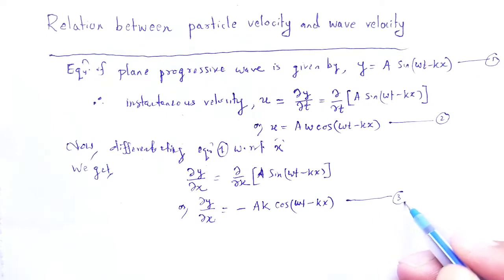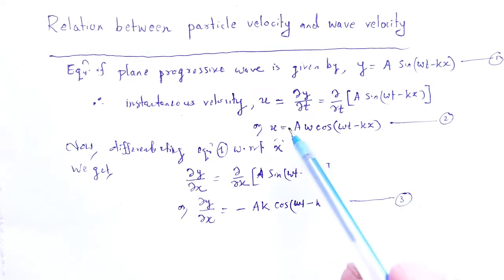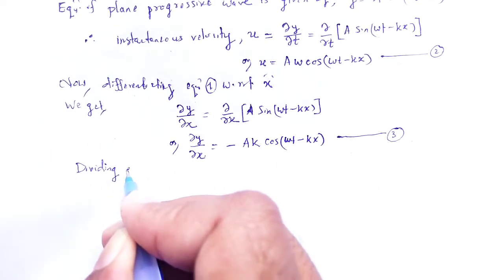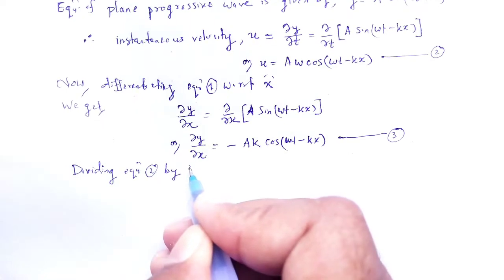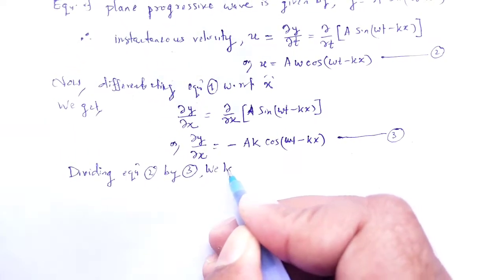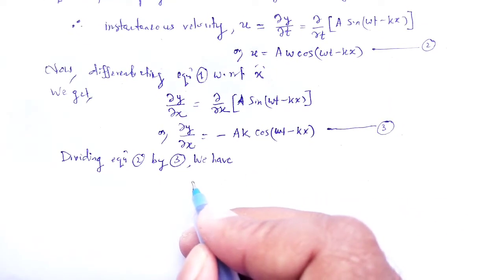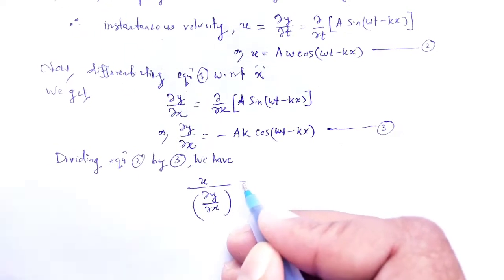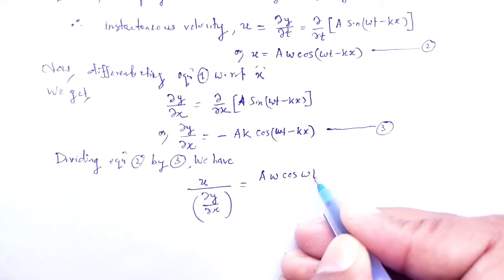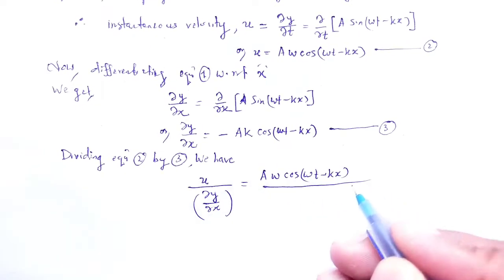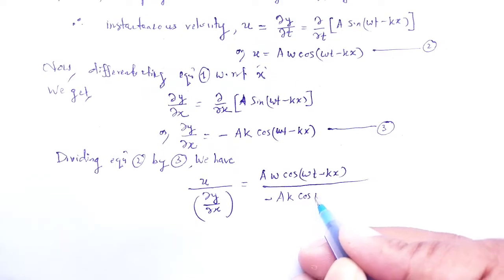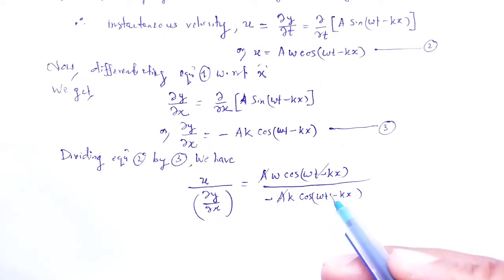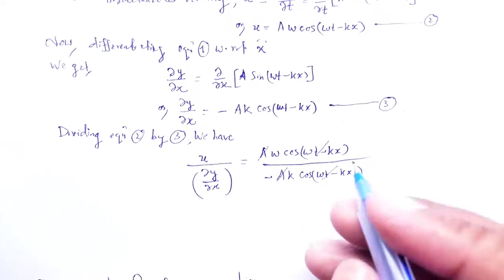Let us divide equation 2 by equation 3. That is u divided by ∂y/∂x, equal to aω cos(ωt − kx) divided by minus a k cos(ωt − kx). The a cancels out, and cos(ωt − kx) cancels out. So we have minus ω by k.